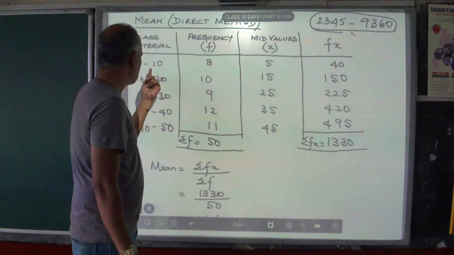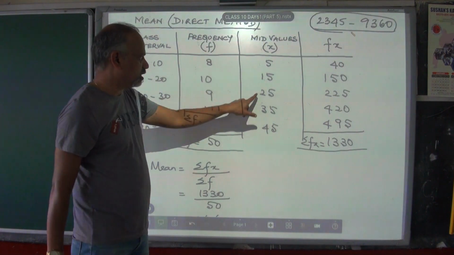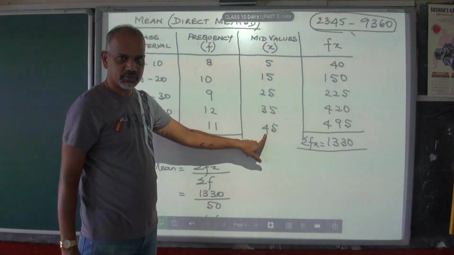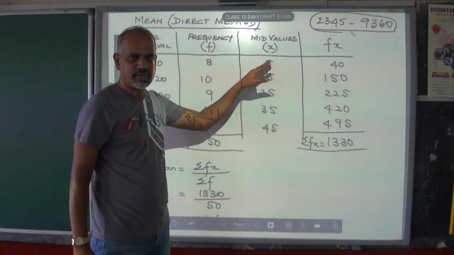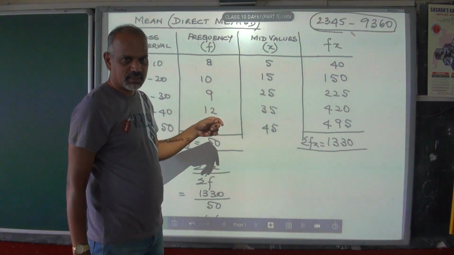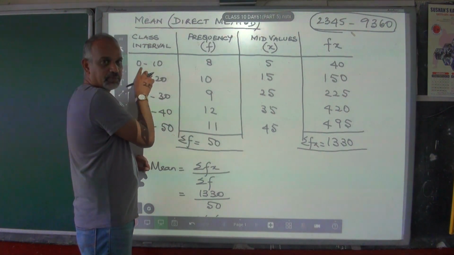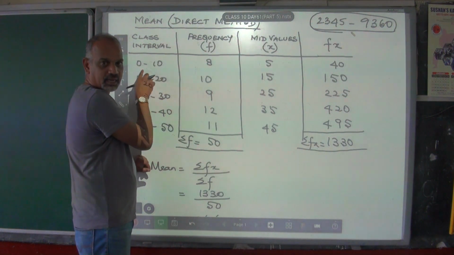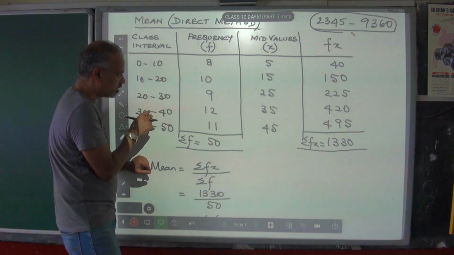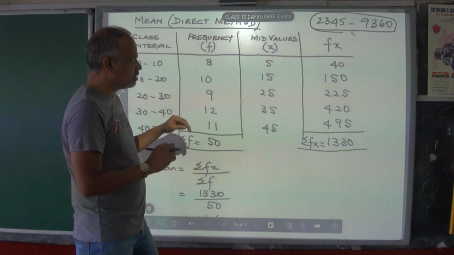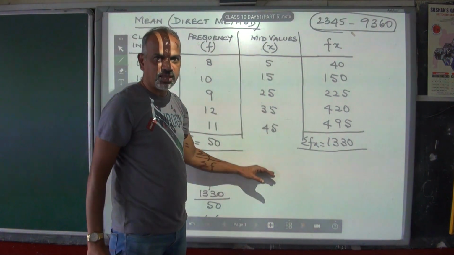So for us, the mid value between 0 and 10 is 5. Next is 15, 25, 35, 45. Even if you find one, you can just write the others easily. What is the difference between these class intervals? It is 10. Everywhere the difference is 10. So if you know the mid value of the first one is 5, keep adding 10 with everything.